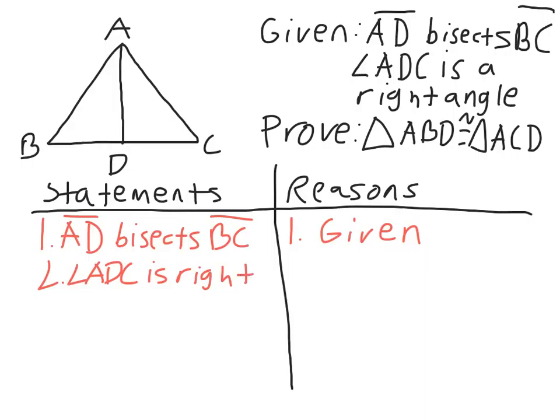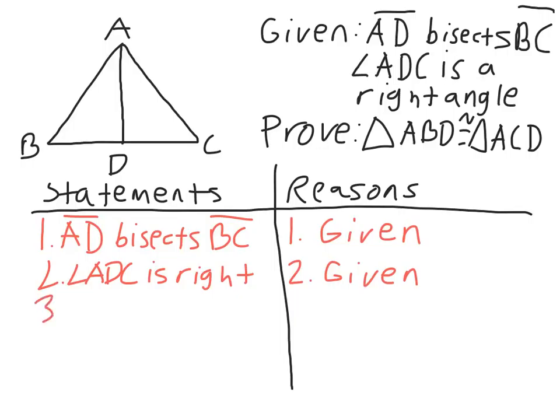I'll just abbreviate, but is a right angle. And that is also given. So, now that we've set our givens, we're at the body of the proof.